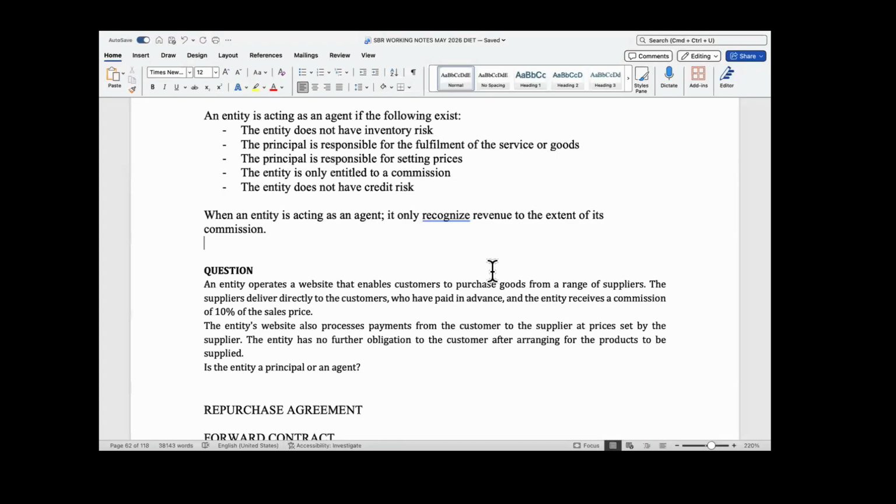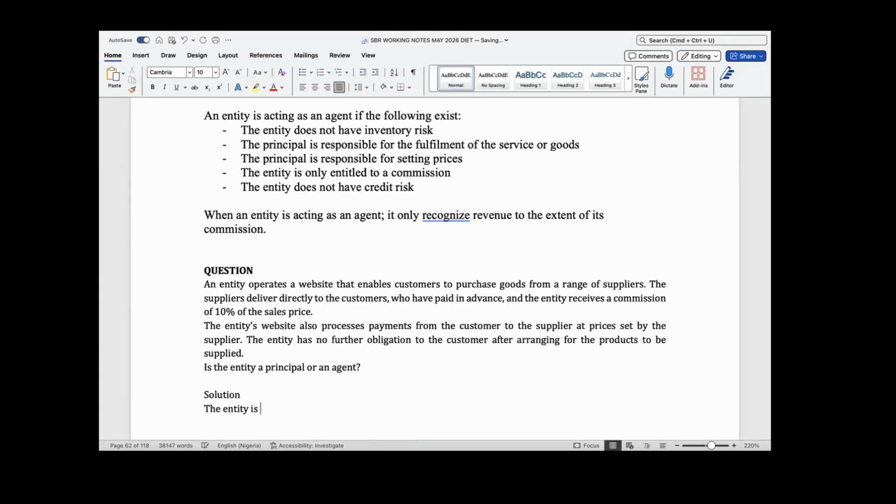The entity's website also processes payment from the customer to the supplier at prices set by the supplier. The entity has no further obligation to the customer after arranging for the product to be supplied. Is the entity acting as an agent or a supplier?